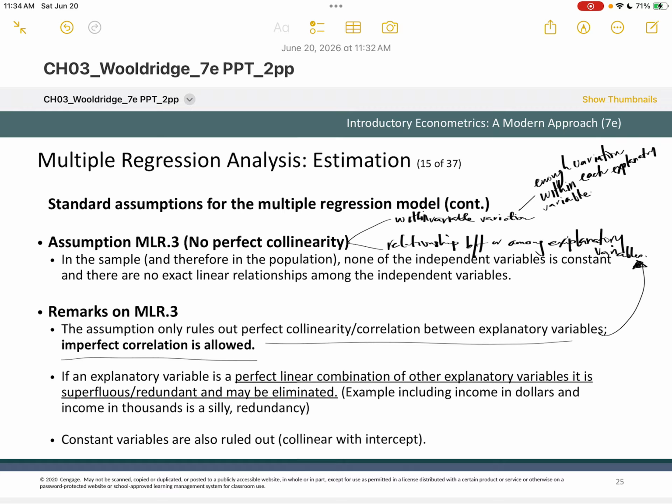What do I mean? Adding irrelevant variables does not strictly violate the no perfect collinearity assumption, but it creates a larger model, gives you a bigger R squared. I did tell you not to chase large R squared, but it gives you a bigger R squared. It gives you a large sampling variance, which then gives you a large standard error.